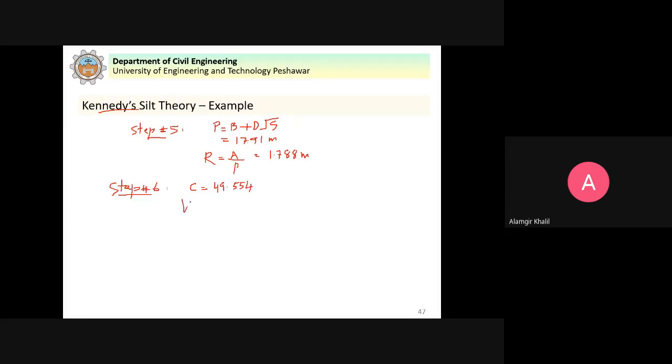And we have the actual mean velocity, that is equal to, by the Chezy formula, C into square root of RS. And this comes out to be 0.937 meter per second. And now we have to compare this with the step 2 critical velocity.